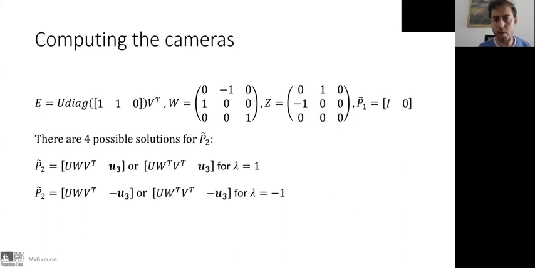So actually we have 4 ways to extract cameras from an essential matrix, because we had 2 ways before, and we have an additional 2 ways to choose the sign of T or of U3. So if we sum up everything, we have the essential matrix, the singular value decomposition, the W and Z matrices, and P1 tilde. Then there are 4 possibilities to extract P2 tilde.